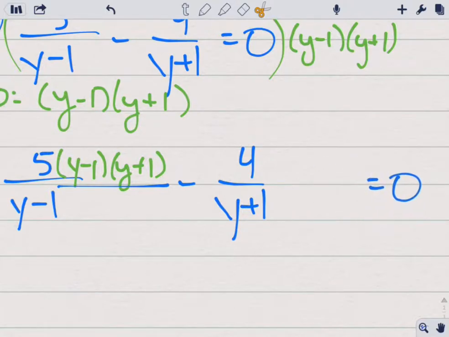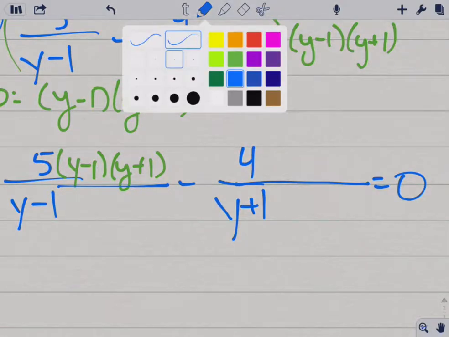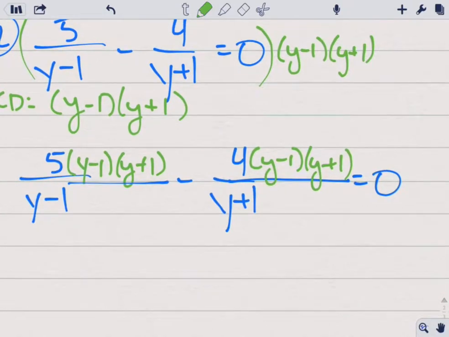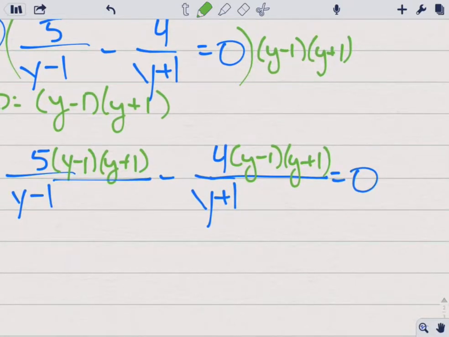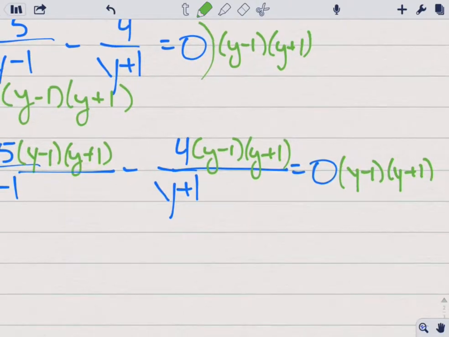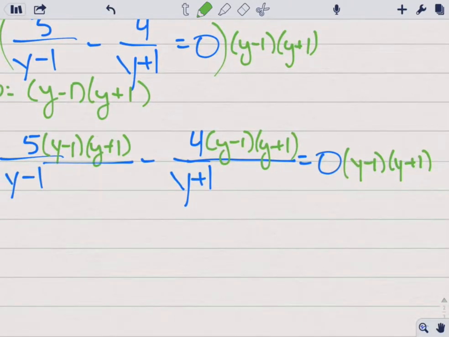I take that and I multiply it on the top by y minus 1, y plus 1. And of course we all know that we multiply the right, y minus 1, y plus 1. This is a step I don't normally write out just because of how much you have to write stuff out. Stuff cancels. Y minus 1 cancels. Y plus 1 cancels. And by the way, that whole thing is 0.